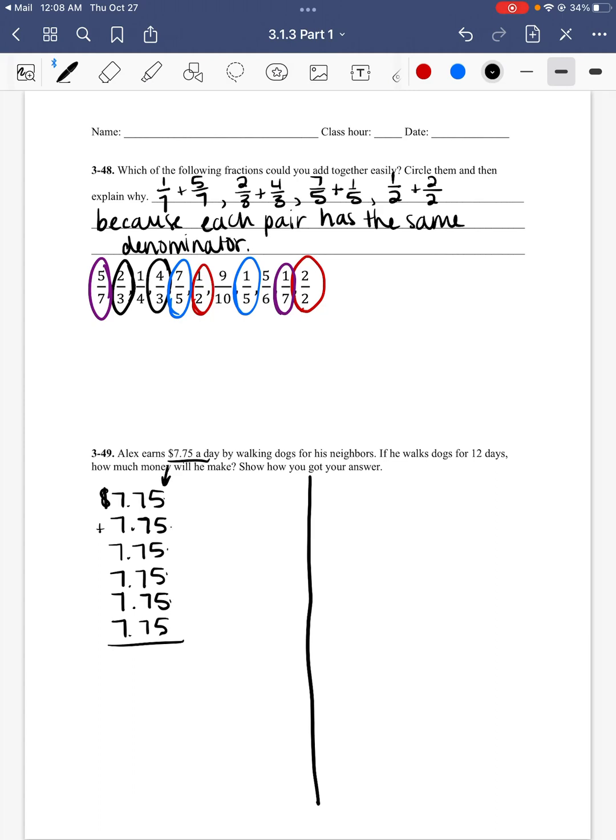Okay, so I start here, 5, 10, 15, 20, 25, 30. Okay, 7 times 1, 2, 3, 4, 5, 6 is 42, plus 3 is 45. 7 times 6 again is 42, plus 4 is 46.